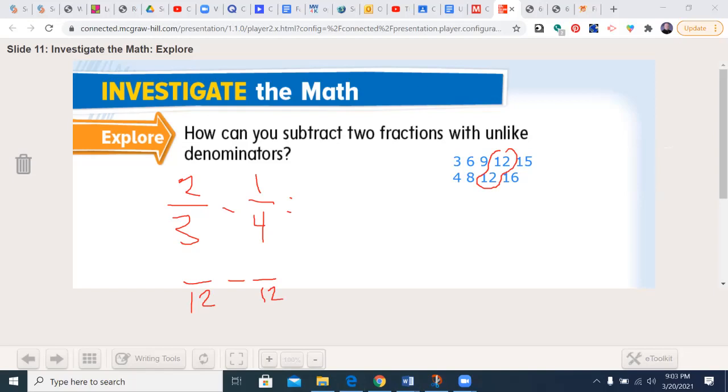So if I multiply 3 times 4 to get 12, I have to multiply 2 times 4, which is, you're right, 8. 4 goes into 12 1, 2, 3 times. 1 times 3 is 3. Now I can subtract. 8 minus 3 is 5. And don't you dare subtract the denominators. We keep them. And the answer in this situation would be 5/12.